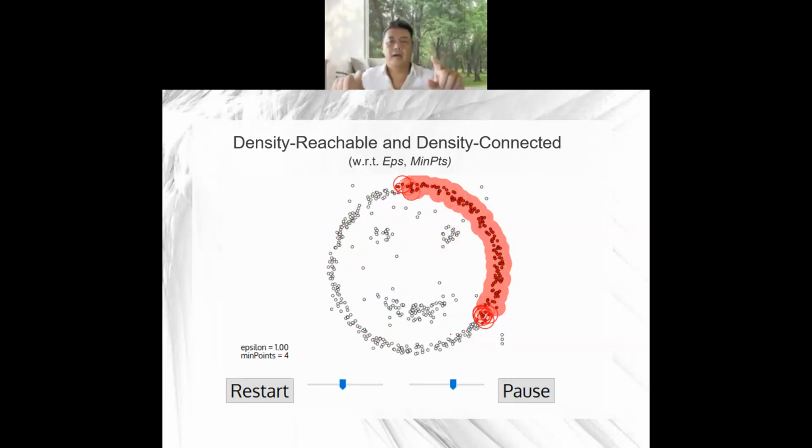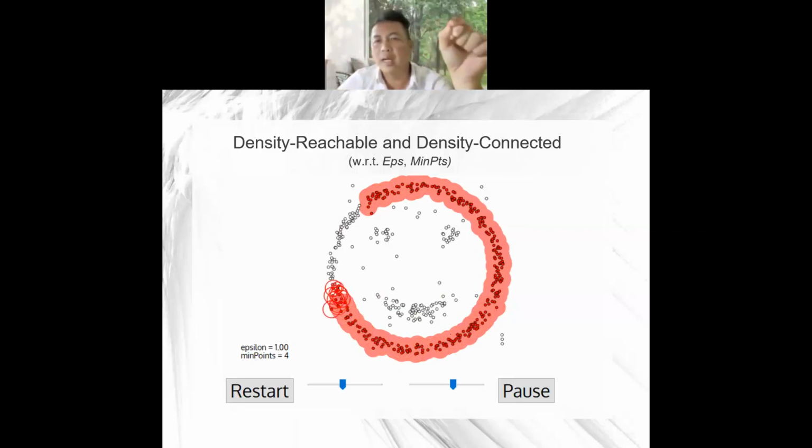Remember that for this one, they scan only one time, meaning that each point will be scanned to see whether it belongs to a cluster or not. So how do they know that it belongs to the cluster? They look at the density.